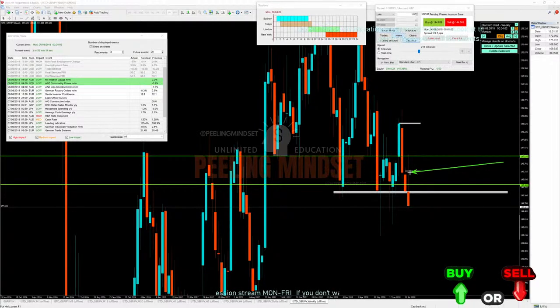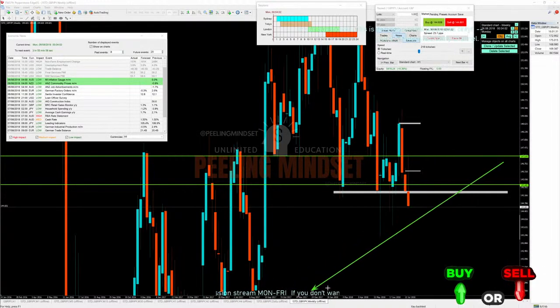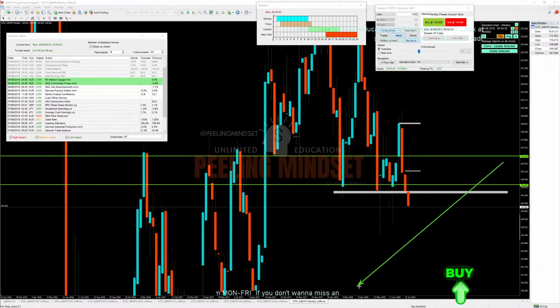That's the time when the big institutions plan to exit or enter. If the institutions are exiting pound yen, it's going to push down until they find a common ground where they can buy pound yen at a deflated price. So I have to see how this weekly candle progresses.